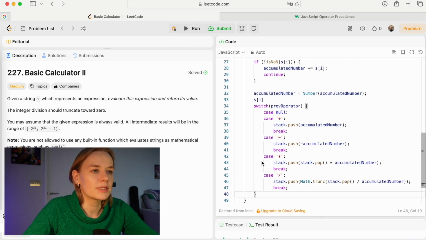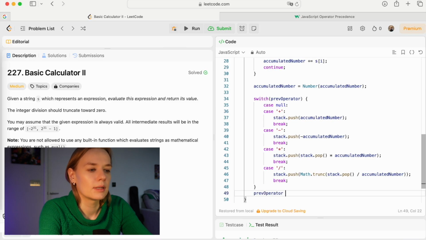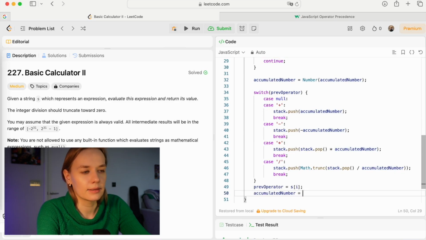And here, after this switch, we only need to say that the previous operator is equal to s of I, and the accumulated number is empty again.